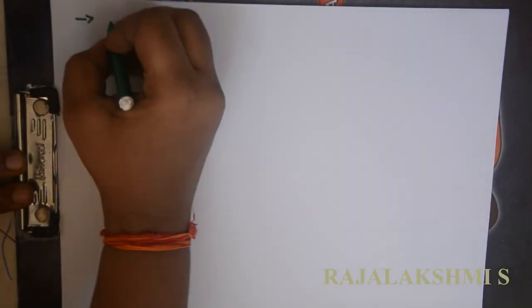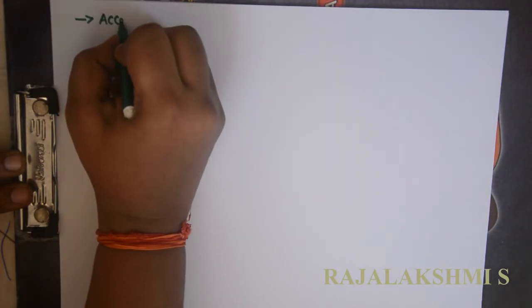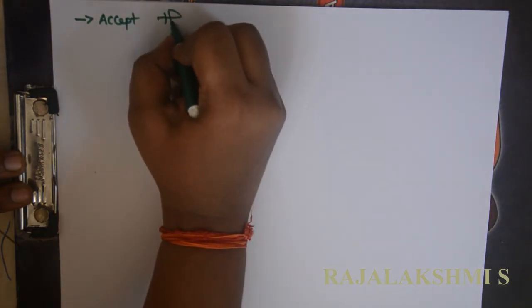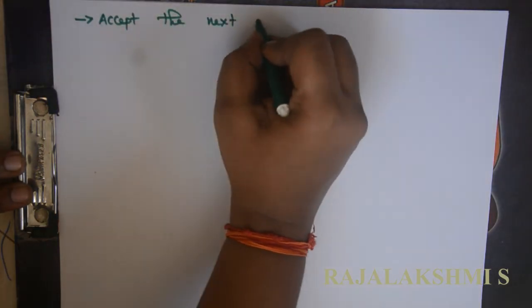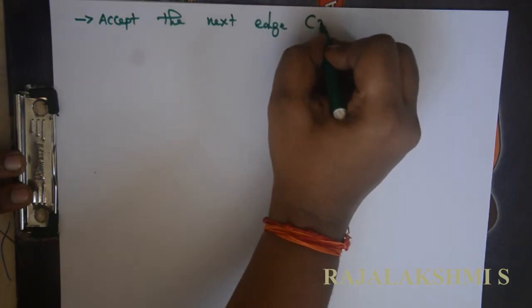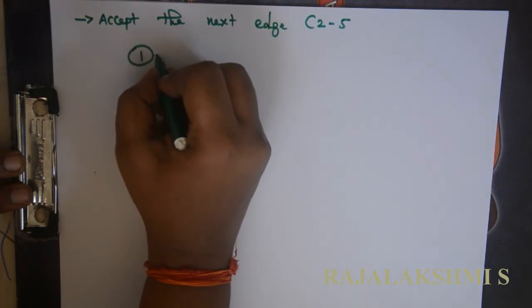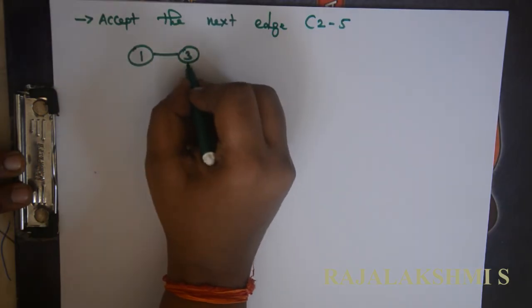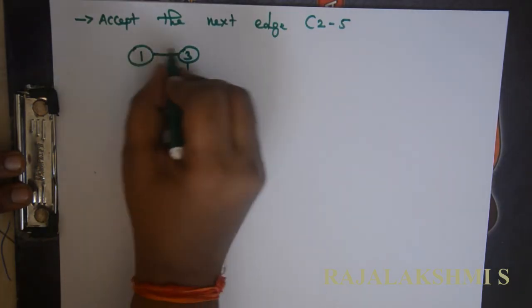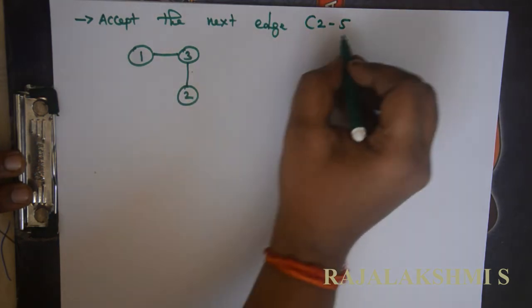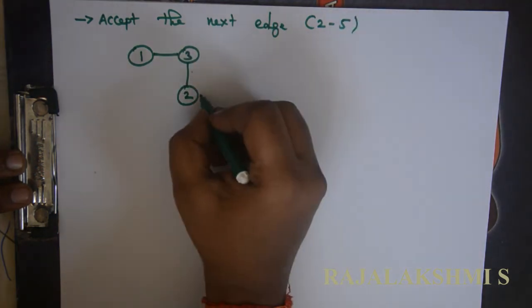So now accept the next edge, 2 to 5. Here we have 1, 3, and 2. This is our old tour, and now we are accepting the edge 2 to 5.